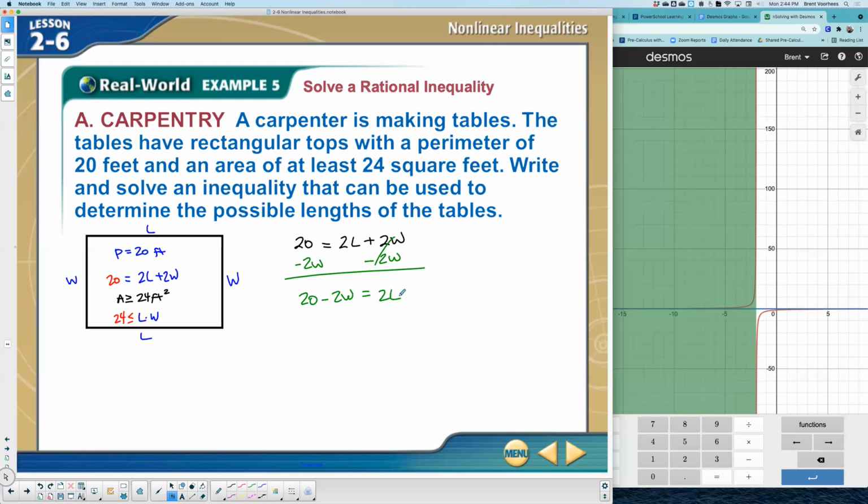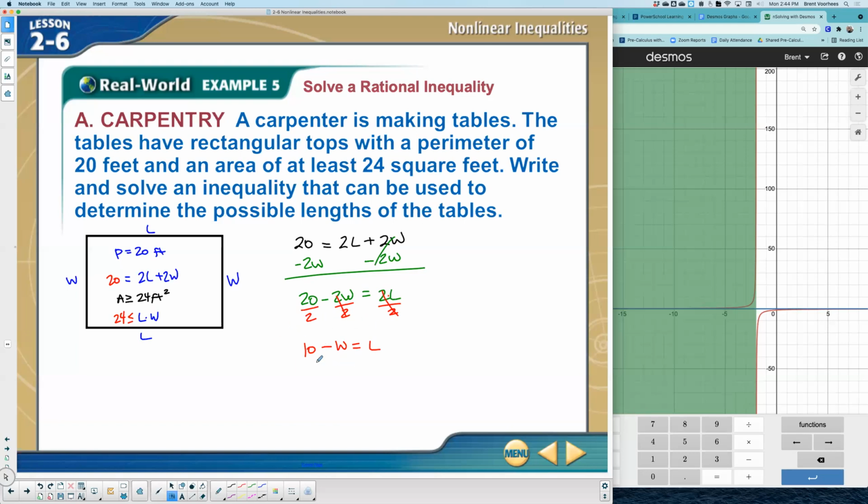What's that 2 doing to the L if it's right next to it? Multiplying. What's the opposite of multiplication? Divide. And when you divide everything, you distribute that division through. So I can see that 20 divided by 2 is 10. So 10 minus the width equals the length. So if you had a width, you just take it away from 10 to get the length. That's our formula there for the length.